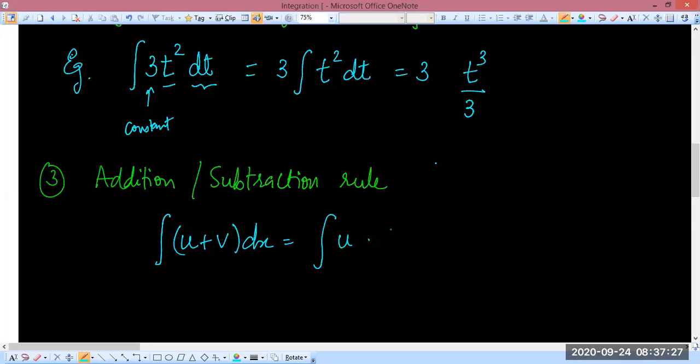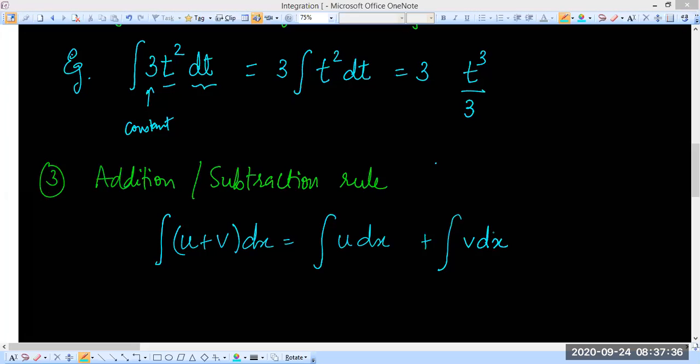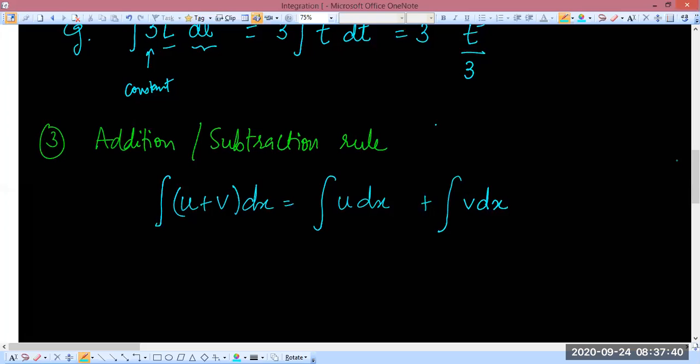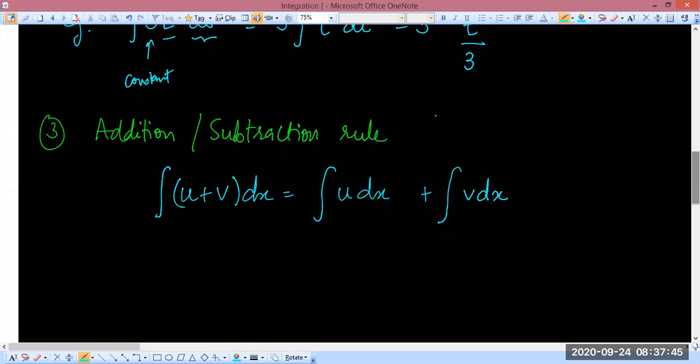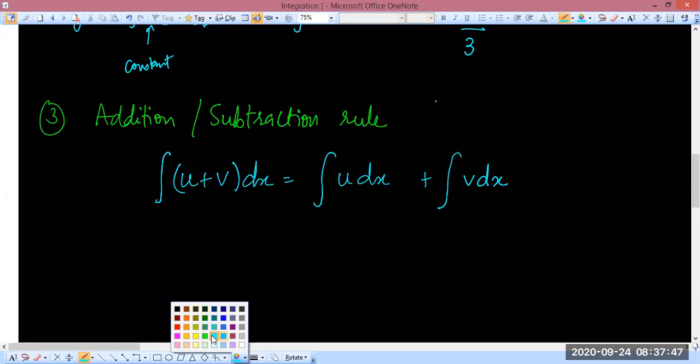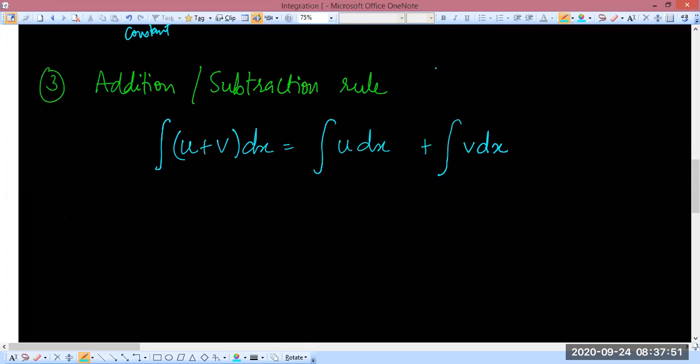See, you should write dx and the integration sign 2 times, like this. I don't think I have to say a word of explanation over here, right? The same will hold for subtraction also. So now let's check whether you have understood how to apply this rule.